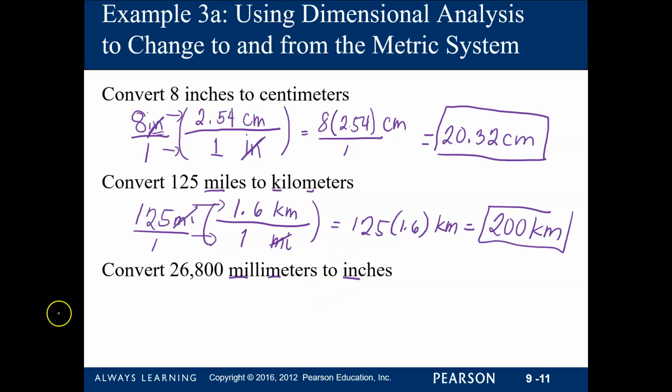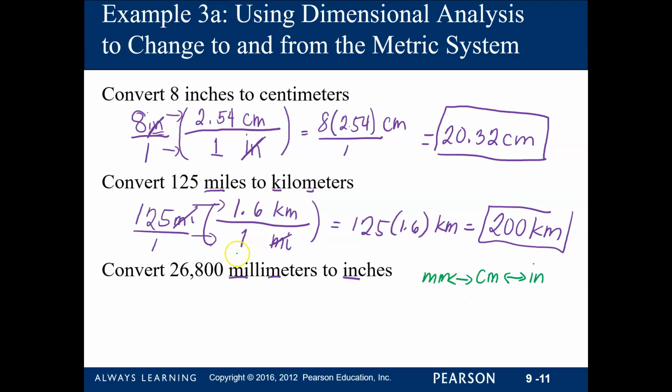We know from our table that inches can be changed with centimeters, correct? So let's think, is there a way that we can change millimeters to centimeters? Definitely there is, since they are both in the metric system.